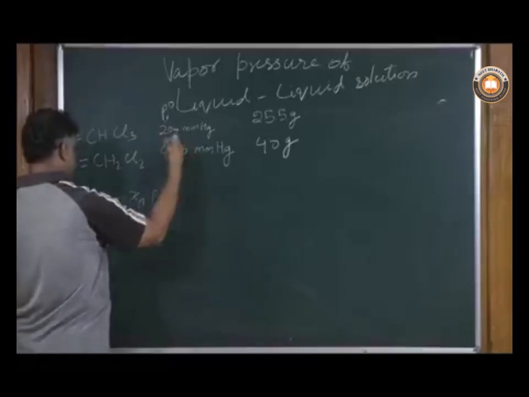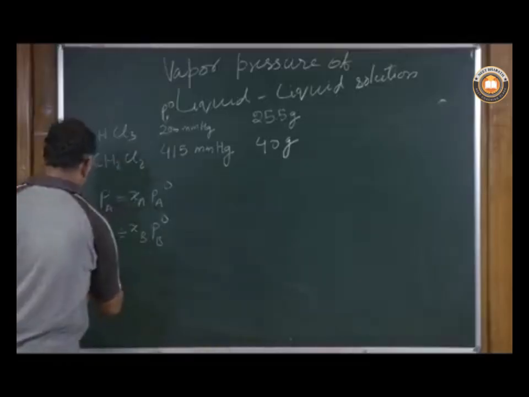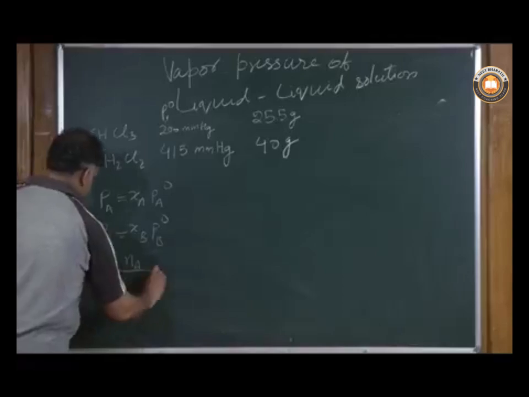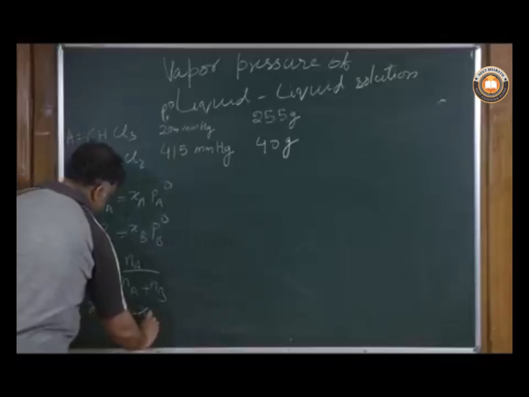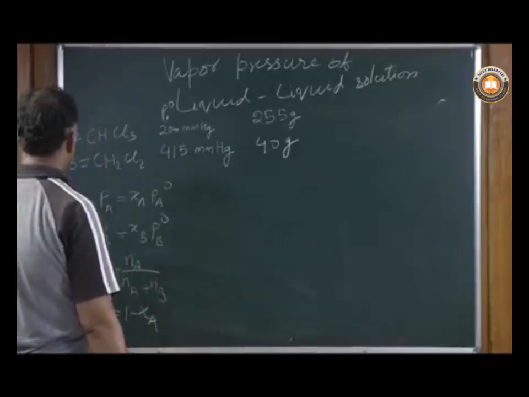Now, P A 0 and P B 0 are given. This is P A 0, this is P B 0, and so I need mole fraction X A and X B. How are X A and X B defined? X A is N A divided by N A plus N B, and same way I can calculate X B, and also I can calculate X B simply by 1 minus X A. Now, to calculate N A, I need the molecular weight. Okay.